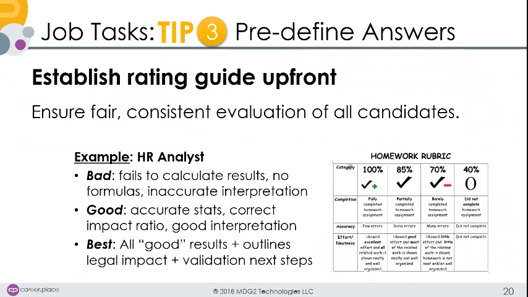Our next tip is to set expectations for your hiring team by taking the time to predefine what the best and worst answers are to your questions before asking candidates to respond. You establish that there will be a range of responses and that your question will be able to distinguish those likely to be high performers from those who will not make the cut.